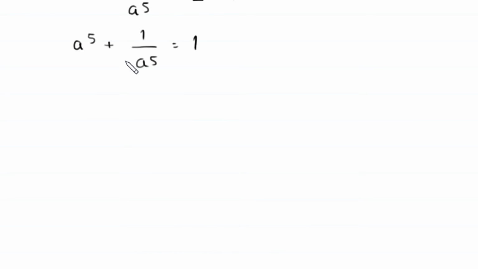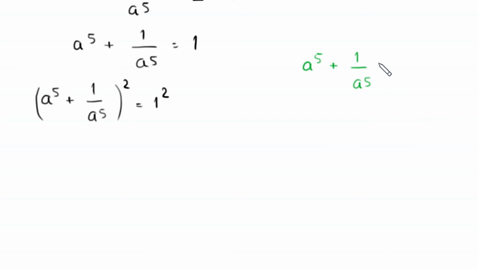Now we take a square of both sides of this equation and a cube of both sides of this equation. This will become a to the power 5 plus 1 over a to the power 5 whole squared equal to negative 1 squared. And we take cube, this will become a to the power 5 plus 1 over a to the power 5 whole cubed equal to negative 1 cubed.